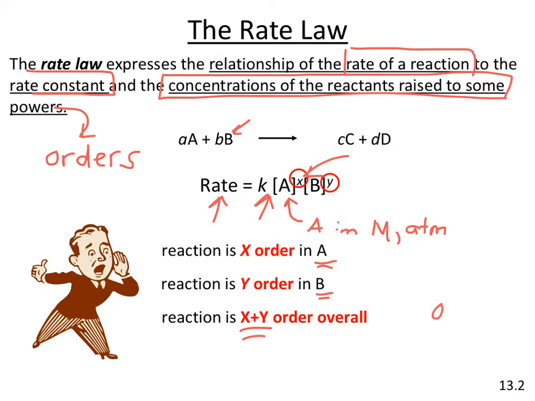Okay, so this is some stuff you just have to basically memorize, so it's not hard. Reactant A, reactant B produces product C and product D. The rate law is the rate, which will be some kind of change in concentration over time, is equal to K, again the rate constant, times the concentration of A to the X order, times the concentration of B to the Y order.